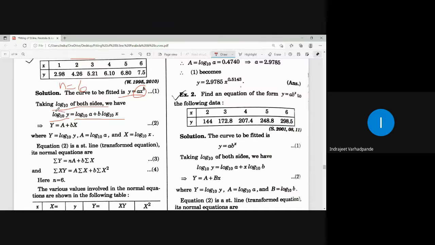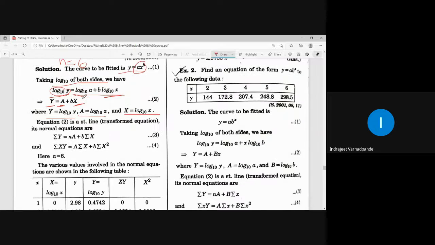Log of y to the base 10 is represented by capital Y. Log of a to the base 10 is represented by capital A. Log of x to the base 10 is represented by capital X. So our standard linear equation becomes Y is equal to capital A plus small b into capital X. So capital Y is this, where capital A is this and capital X is this.